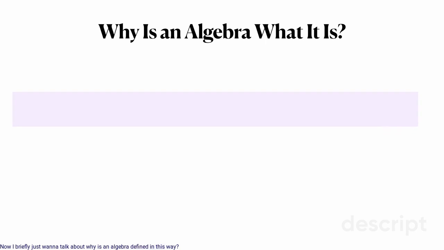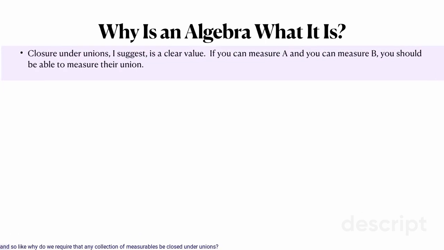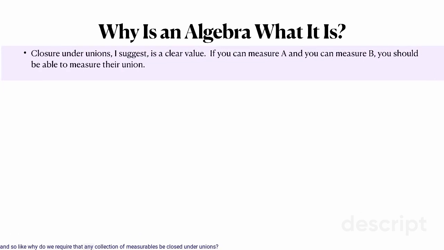Now, I briefly just want to talk about why an algebra is defined in this way. And so, why do we require that any collection of measurables be closed under unions? Well, I take this one to be the most intuitively compelling of the properties, because if you can measure a subset A and you can measure a subset B, then you ought to be able to measure their union. That just sort of feels intuitive. Certainly, if you think about it in the case of intervals, right? Seems like if you can measure one interval and another interval, then you ought to be able to measure their union.